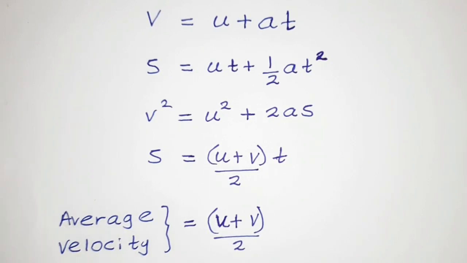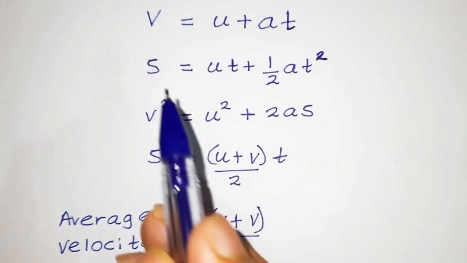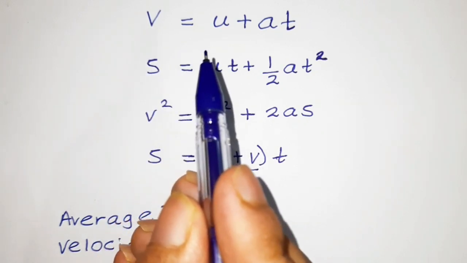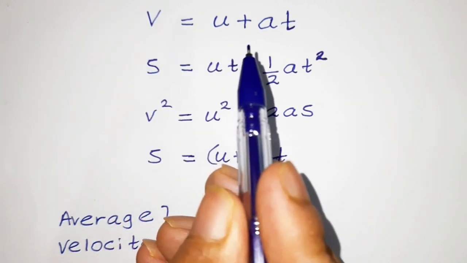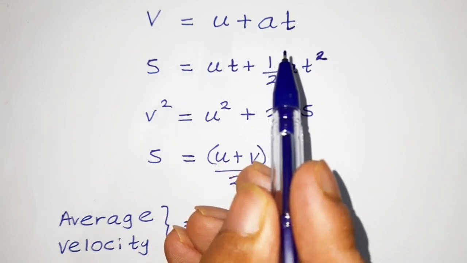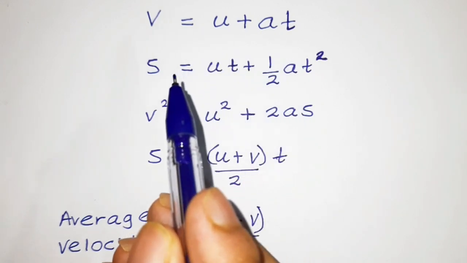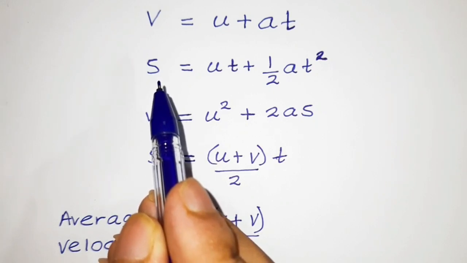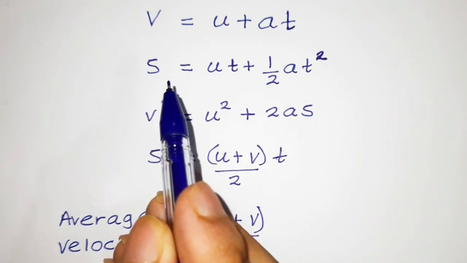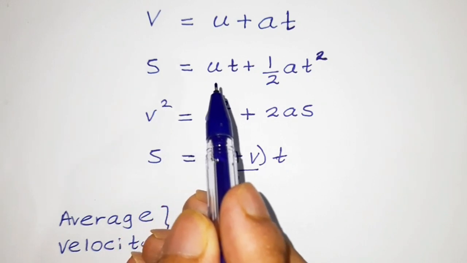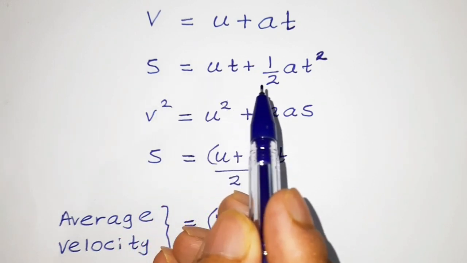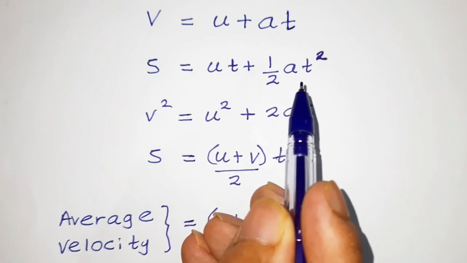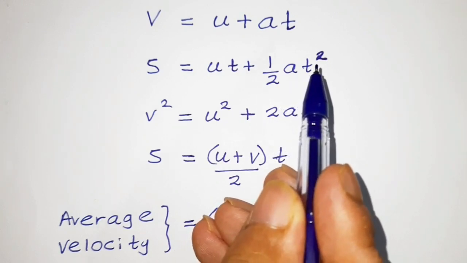There are three fundamental kinematic equations of motion. The first equation states that the final velocity is equal to the initial velocity plus the acceleration times the time. The second equation states that the position or displacement of an object relative to a point of origin is equal to the initial velocity times time plus half times acceleration times the time squared.